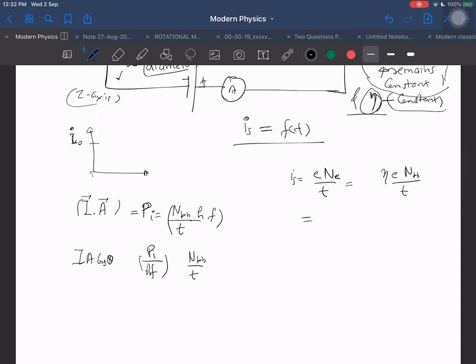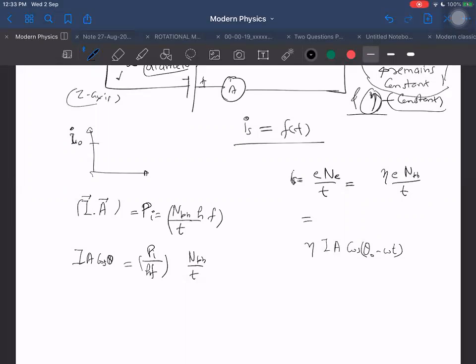So what do we get then? Eta I pi r square, eta I A cos theta, E by hf. Cos theta I can write now as theta naught minus omega t, E by hf.